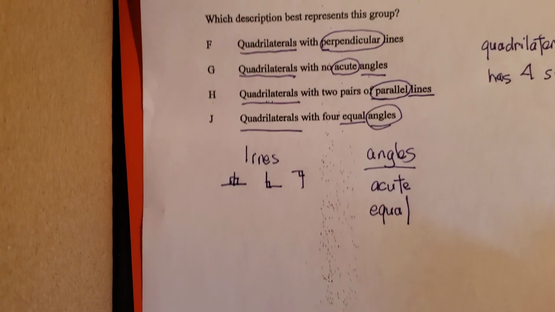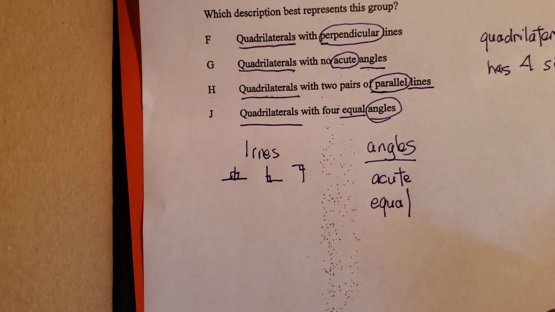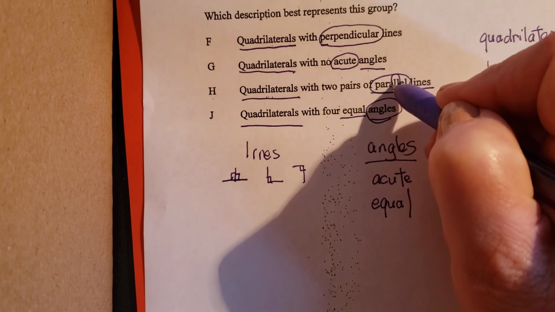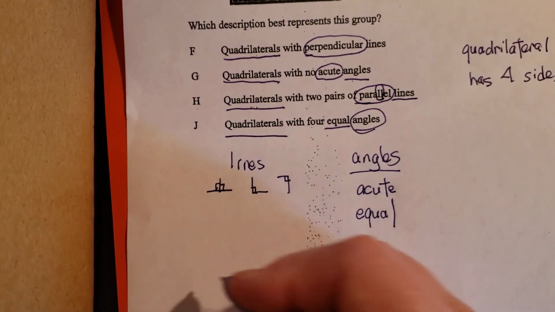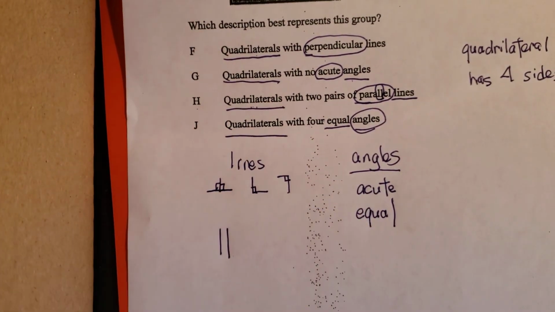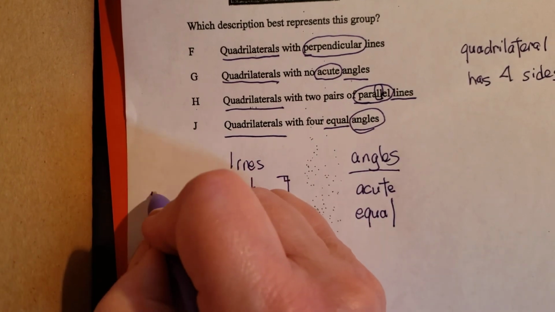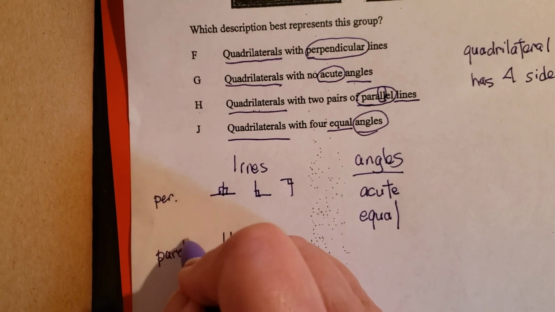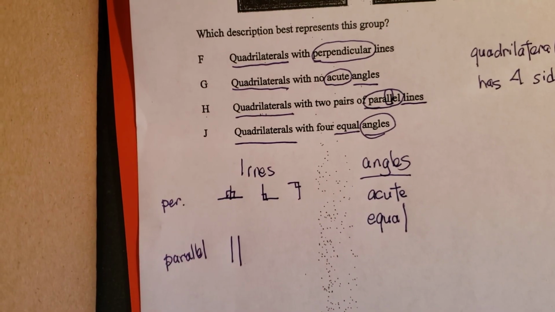Parallel lines. Remember, in that word is the clue. Parallel lines. This is perpendicular, and this is parallel. And that's all I'm going to say about those.